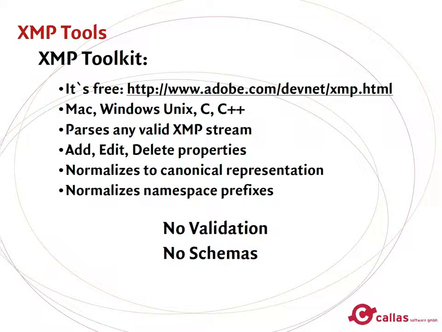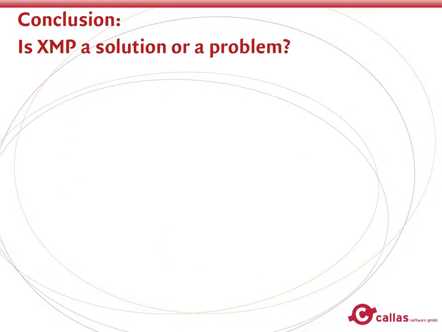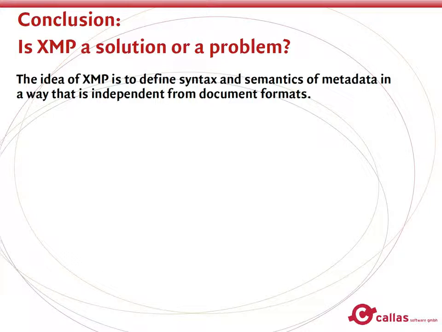Okay. So I see we have to finish, so I will hand over to Dietrich for the conclusion. Just a conclusion. I really like the idea of XMP, to define syntax and semantics in order to use metadata in data exchange, not just within companies, but also independent from document creators, data exchange between companies.